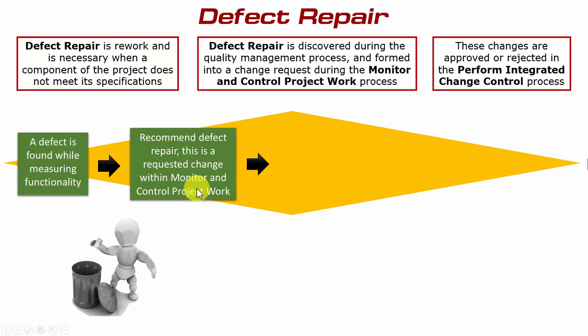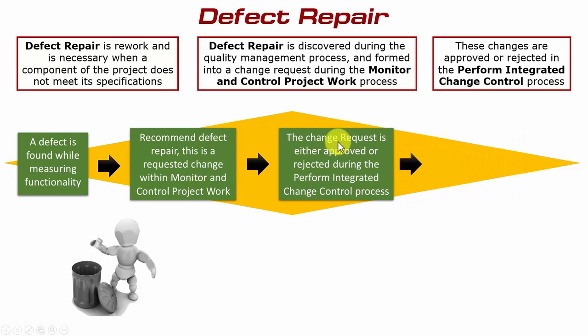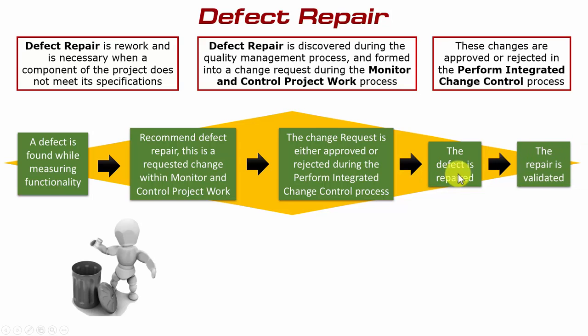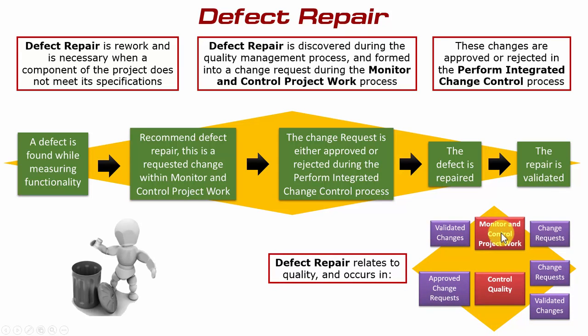What happens next is the change request is input, as they all are, to the Perform Integrated Change Control process, where it's either approved or rejected. Assuming it is approved, then the defect is now repaired. However, the repair now needs to be validated to check that indeed the repair has brought the product back to specification, for example. So that defect repair typically occurs during monitor and control project work or indeed control quality.